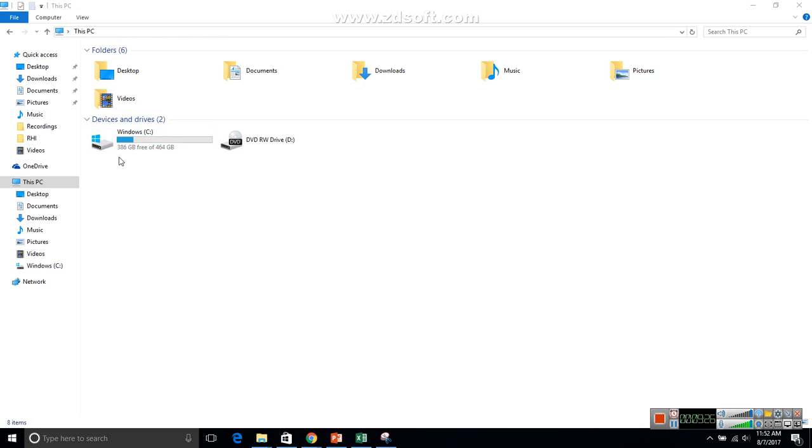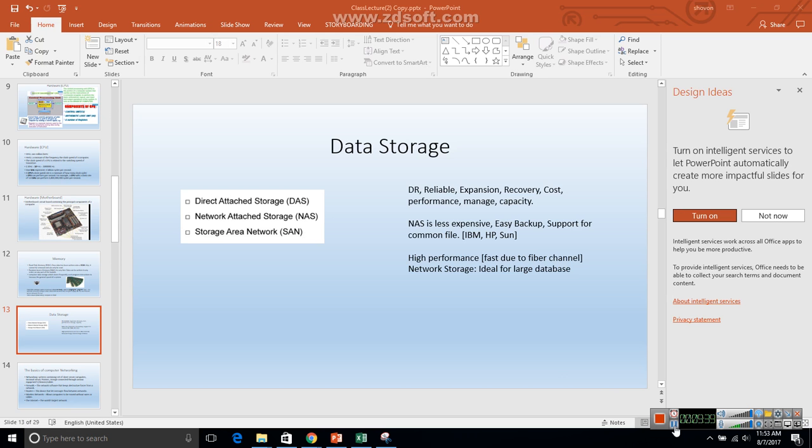But if any disk like this comes from another server for usage, and that is from a SAN server, that will be called SAN storage. So it is more expensive to have physically attached storage, which is called direct attached storage as well.